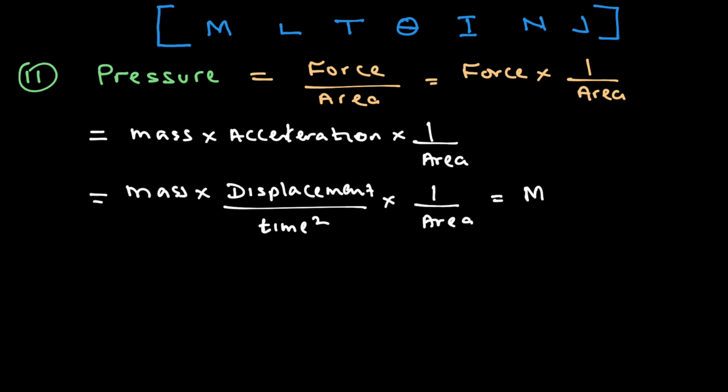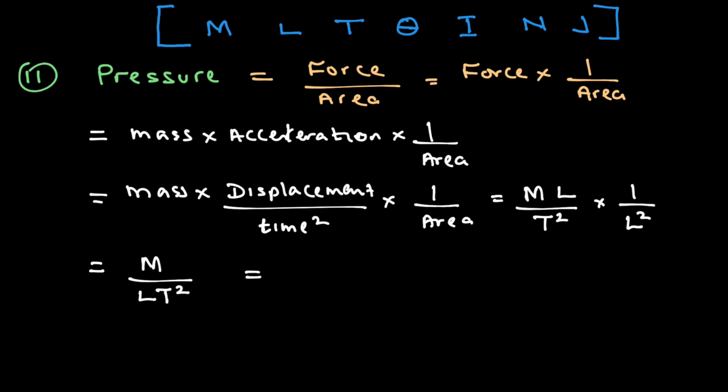So we have mass times displacement over t squared times 1 over area, which is L squared. So we can see the L in the numerator cancels one L in the denominator, and that gives us M over L t squared.